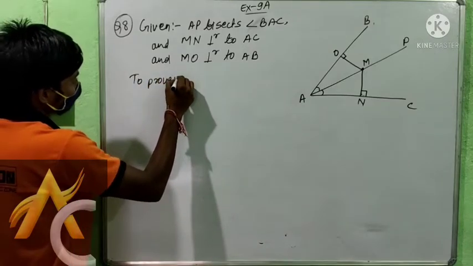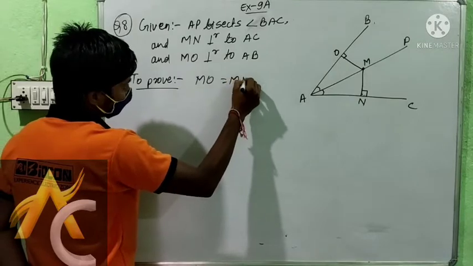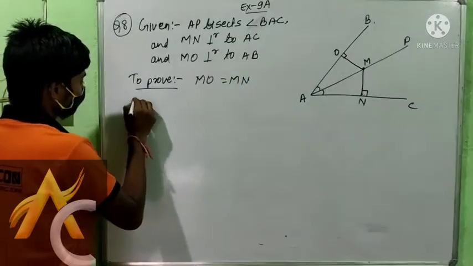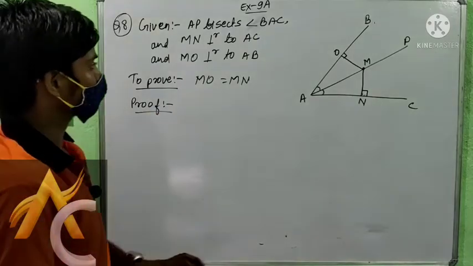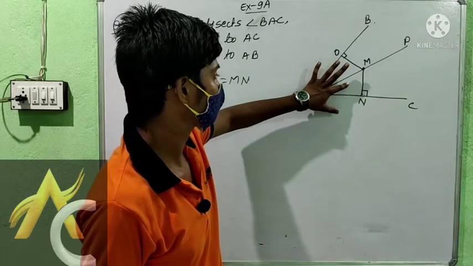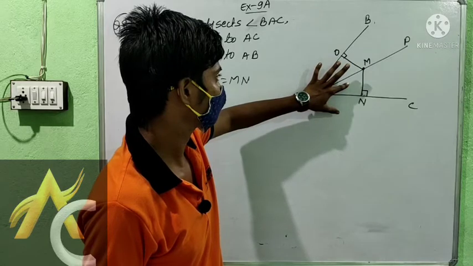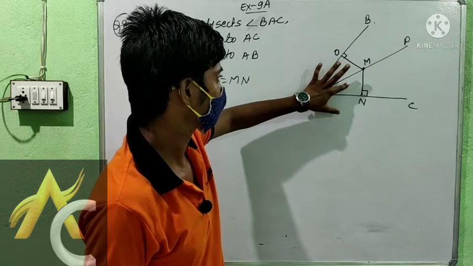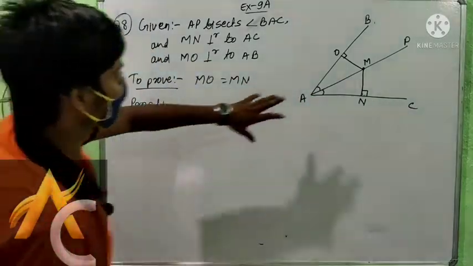To prove: MO is equal to MN. Now proof. So here we have two triangles, this triangle and this triangle. So we are going to prove these triangles congruent.